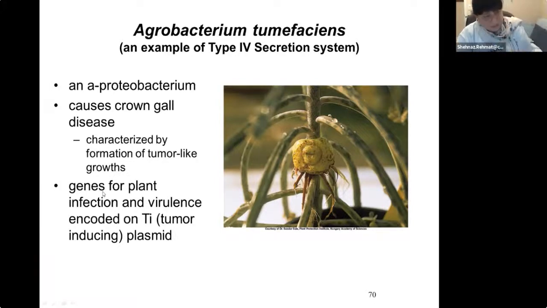The genes for the plant infection are found on the Ti, tumor-inducing plasmid, which is found in Agrobacterium tumefaciens. So the Ti plasmid is the important plasmid which gives the ability to the Agrobacterium to cause this gall disease in plants. Okay?